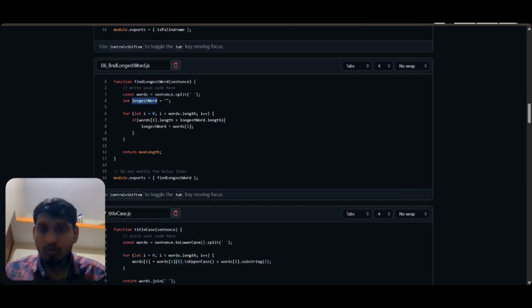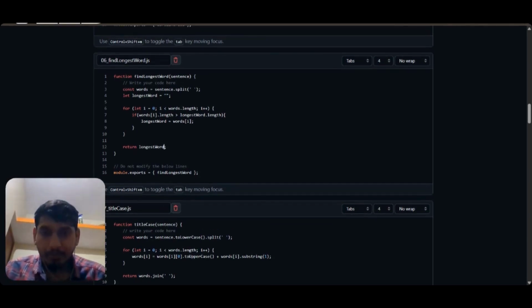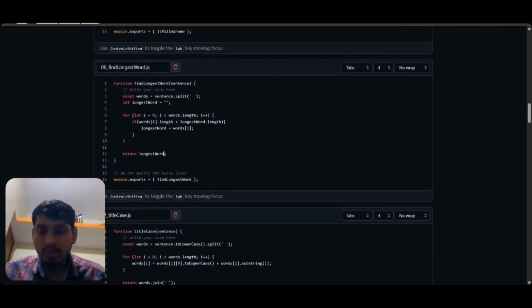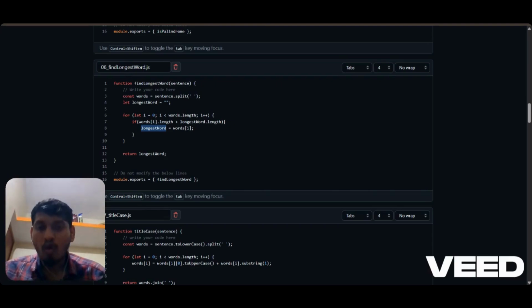This is the approach to find the longest word. For this, the time complexity is O(n), because it depends on the number of inputs we get. The space complexity is O(n), because we store the word into the longest word variable.